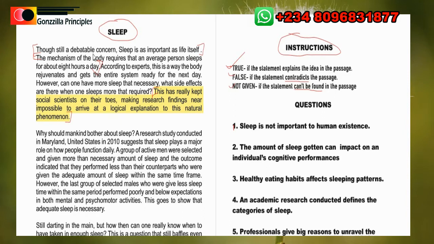So: though still a debatable concern, sleep is as important as life itself. The mechanism of the body requires that an average person sleeps for about 8 hours a day. So I have these two sentences. One is talking about the importance of sleep, and the other talks about the required amount of sleep one needs a day.